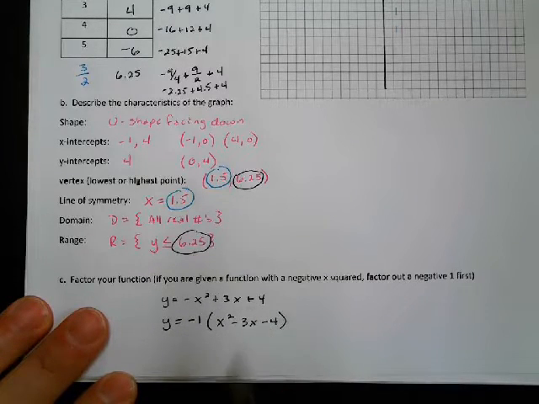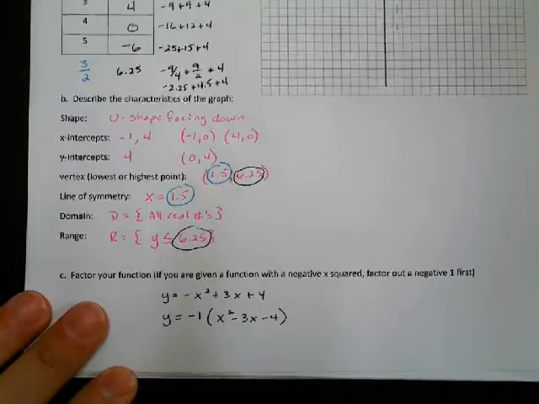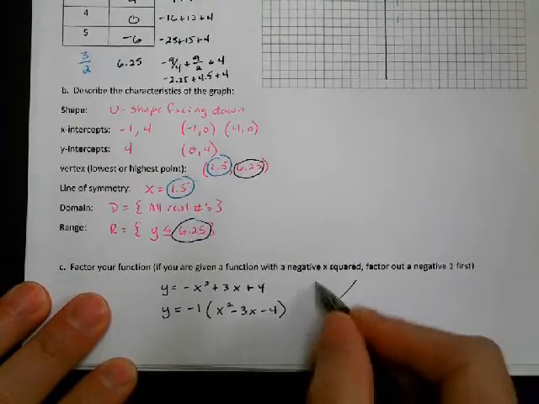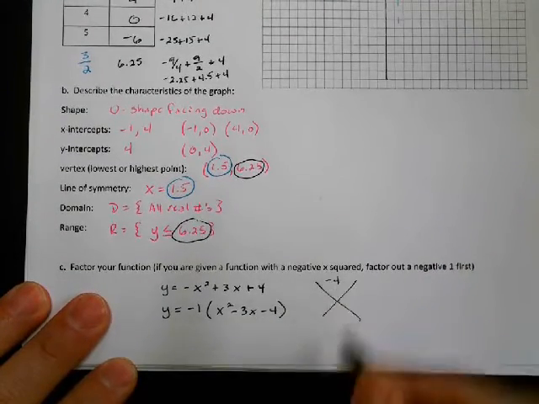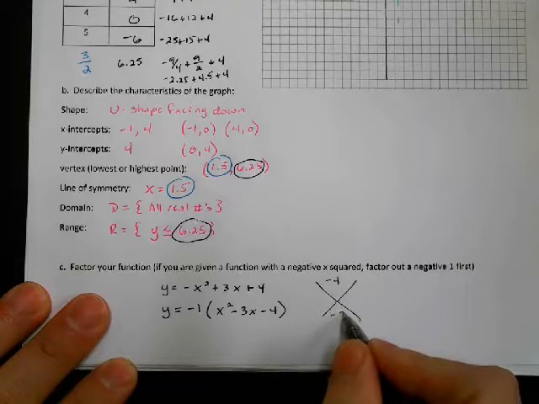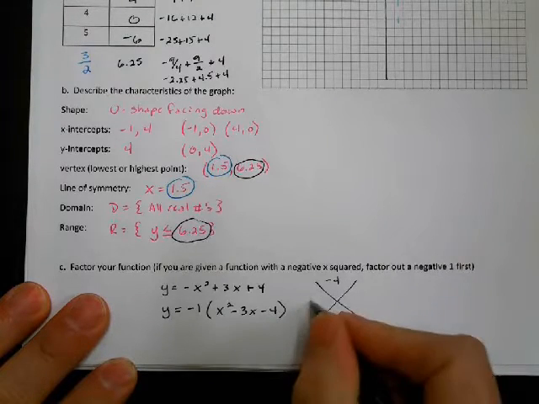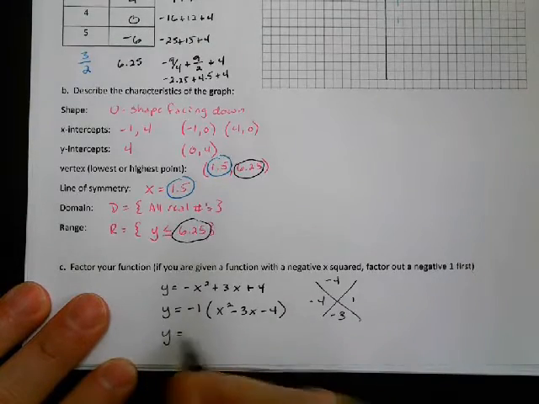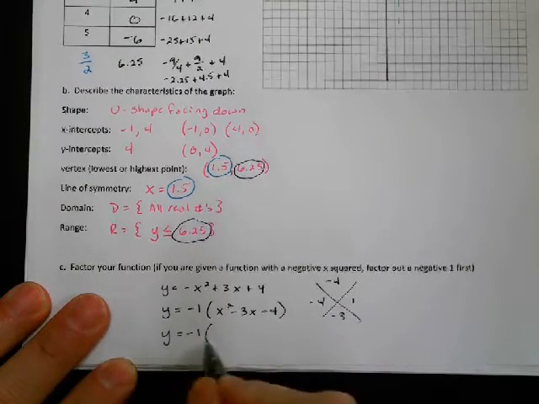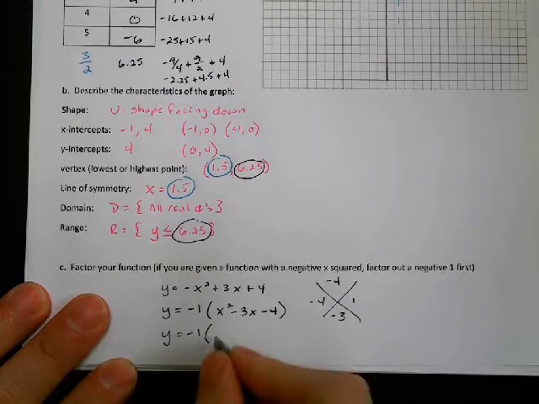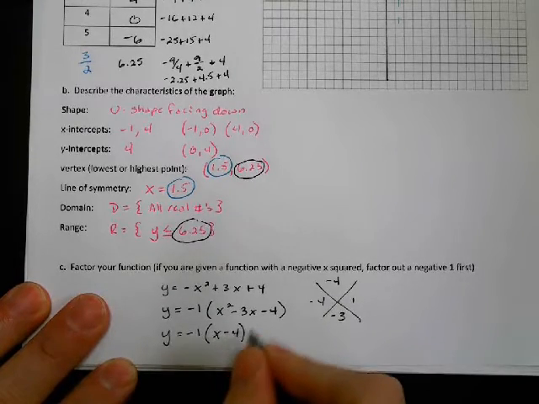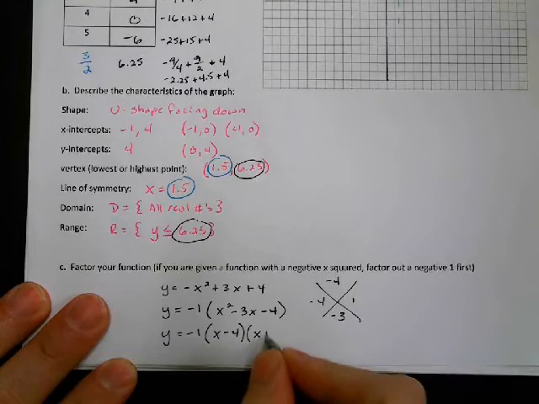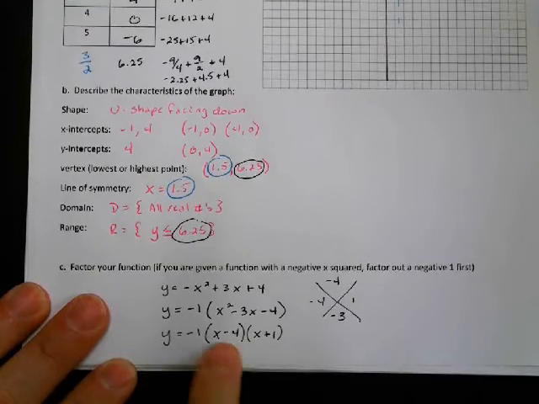So what multiplies to give me -4, but adds to give me -3, and that would be -4 and positive 1. So this one factors into -1, I already factored that earlier, and then x minus 4 and x plus 1. Now remember what we said, if we look at the opposites of these numbers, positive 4 and -1, those are my intercepts.